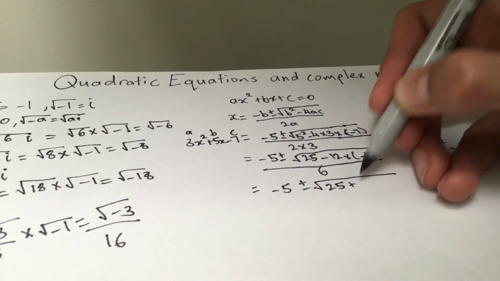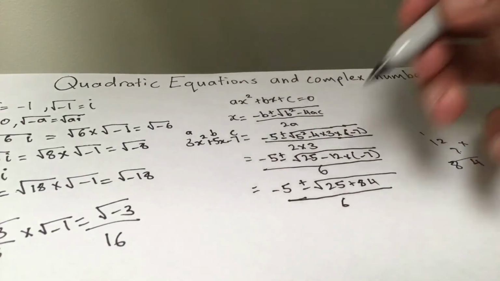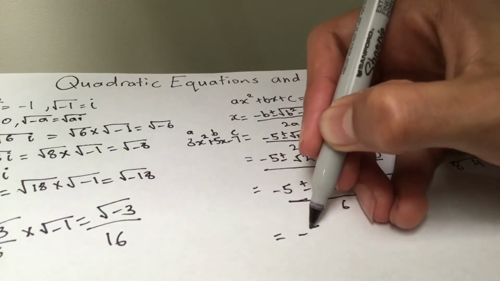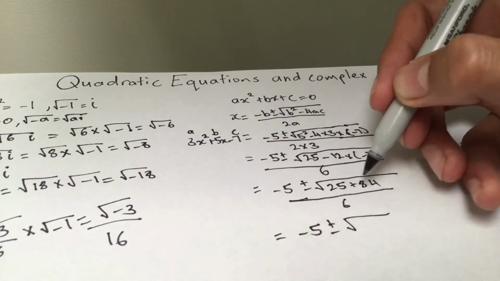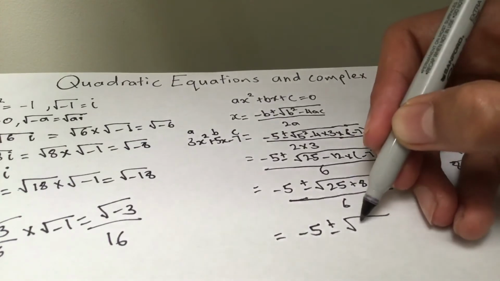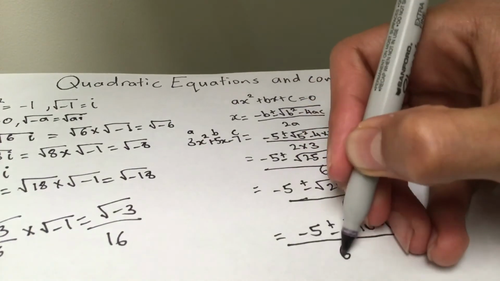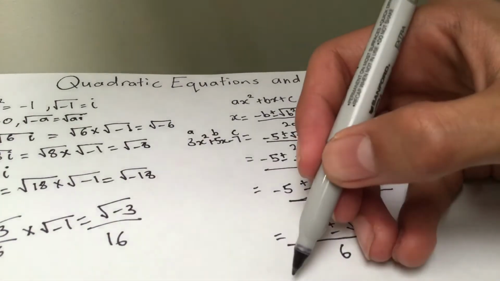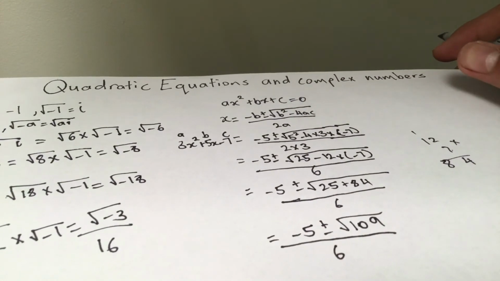So we get plus 84 over 6. Then -5 plus or minus the square root of 25 plus 84, which gives 109, over 6. You can write it like this, and this is our final answer.